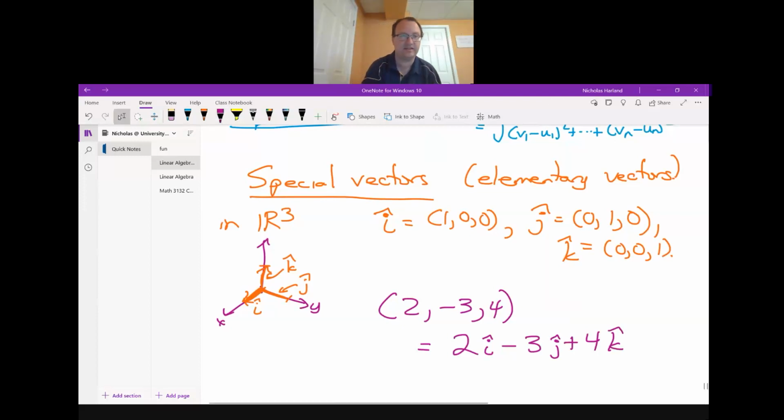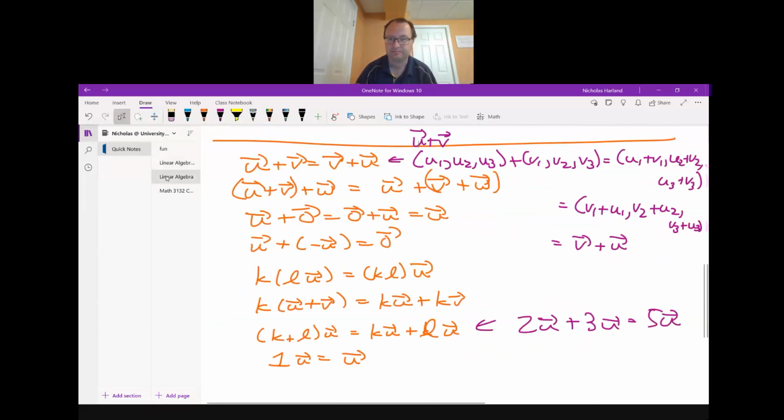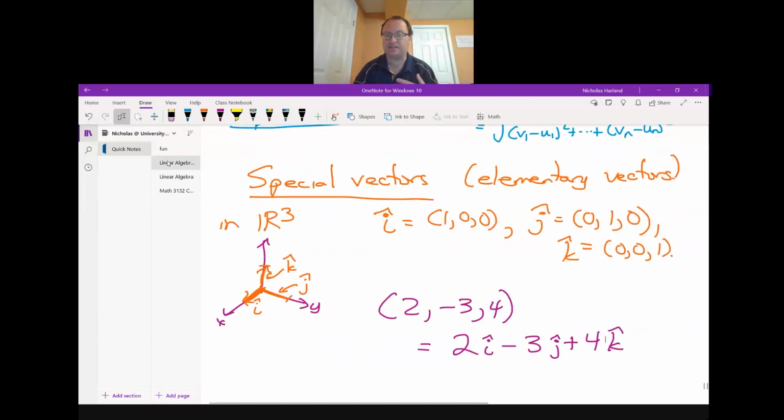So if you remember back to these properties, if we write them in this way, then we can take advantage of some of these properties on addition and stuff like that. So that instead of thinking of them as components, we can think of them as addition on these special vectors. And these special vectors, it wouldn't be surprising to see that they have special properties. And so we can take advantage of those properties in a way that might not be the same.